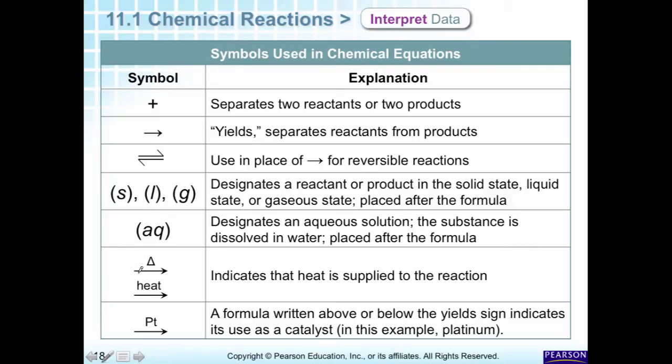This little triangle or the word heat means that we're heating up the reactants so that they form the products. And if we have some chemical or element like platinum on top of the arrow, it means that a catalyst has been added to speed up the reaction or to help it occur. Okay? So please take a screenshot of those, know what they mean, and use them when you balance equations.